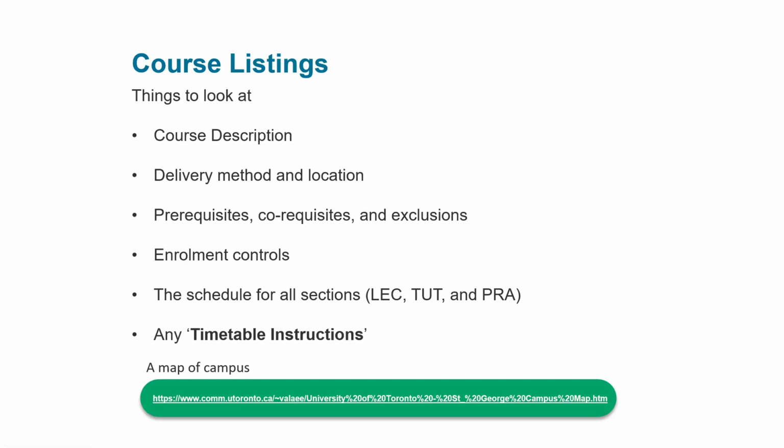And so you can use that as a resource to help you figure out where your classes are located. The university is of the opinion that you can get across campus in 10 minutes, and that's why we operate on what is called U of T time, where lectures and tutorials and all of their activities start 10 minutes after the hour. It is pretty hard to get across campus in 10 minutes, particularly in the middle of winter. So if you are scheduling courses back to back, you should be mindful of where the buildings are.